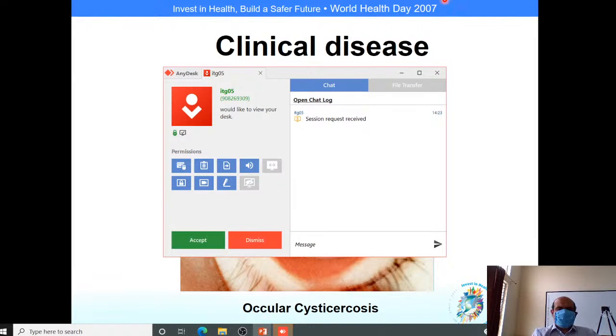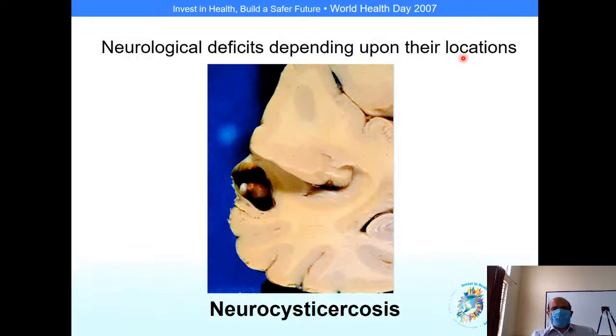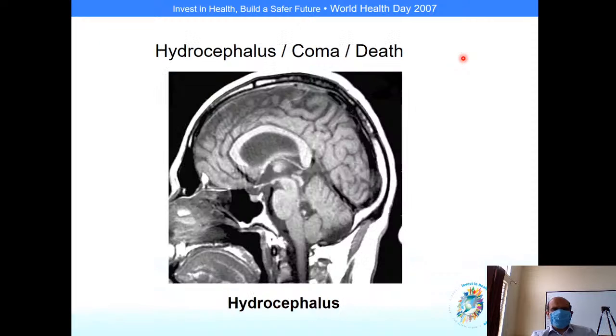Now, clinical disease. This is a picture of ocular cysticercosis. There are neurological deficits depending upon their locations.